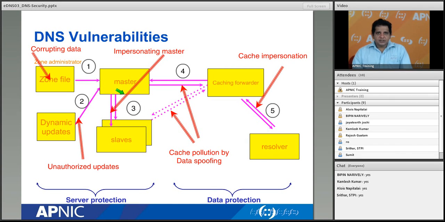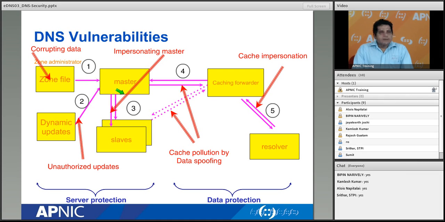Cache impersonations, right? So these threats that we discuss can be categorized into two categories, and then we can protect based on those categories. One is what we call server protection, and the other is data protection.